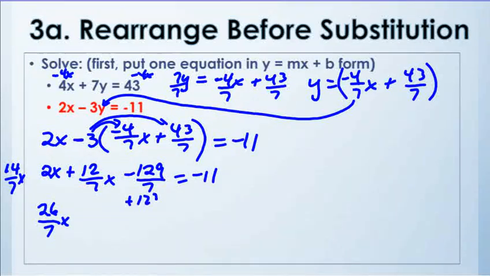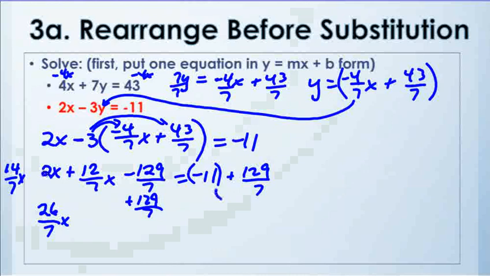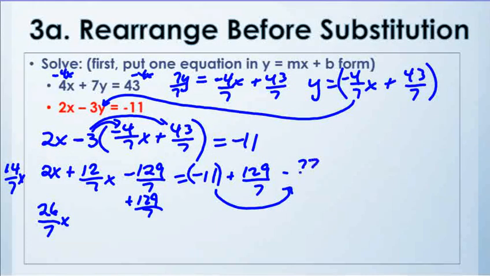I'm going to add the 129 sevenths to both sides. And on this piece right here, I'm going to subtract 77 sevenths, because I just multiplied negative 11 times 7 sevenths. Now I have 129 minus 77 gives us 52 sevenths.